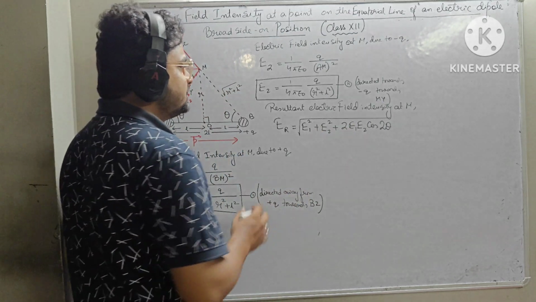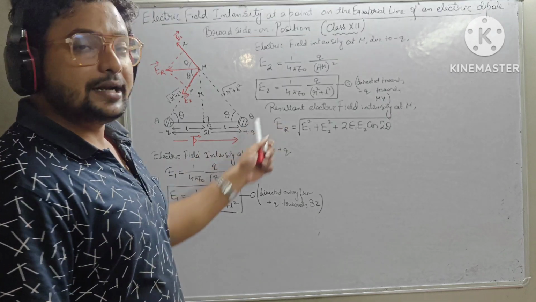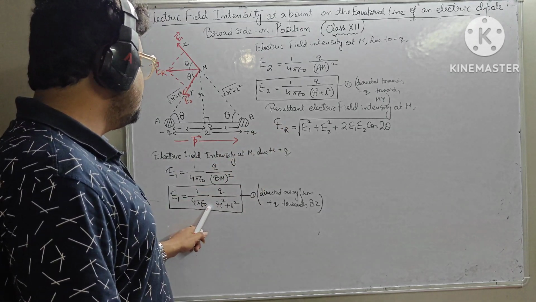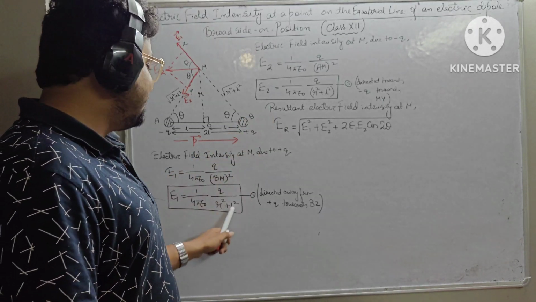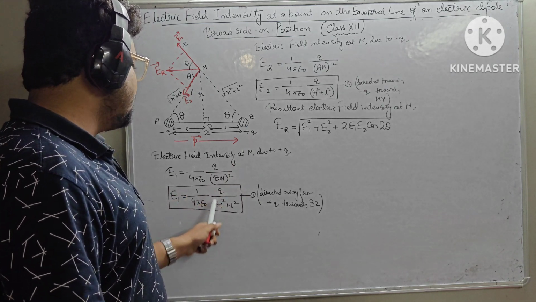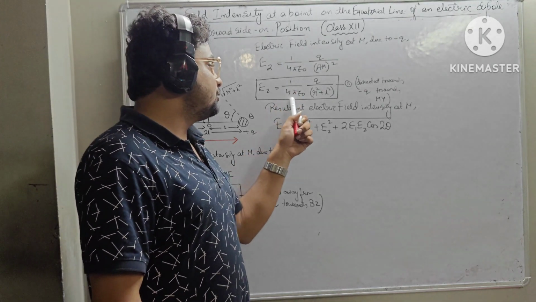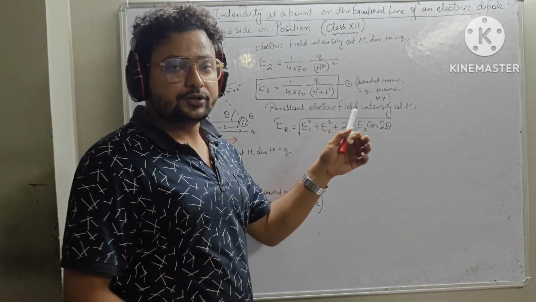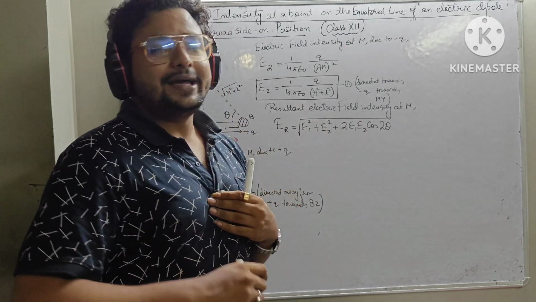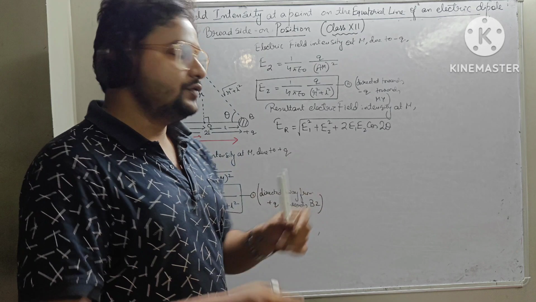Okay. Now see, just by seeing the expression, we can understand. The magnitude of E1 and the magnitude of E2 are the same. 1 by 4 pi epsilon naught Q by R square plus L square, for both. So E1 and E2 are the same, so I can replace E2 with E1.